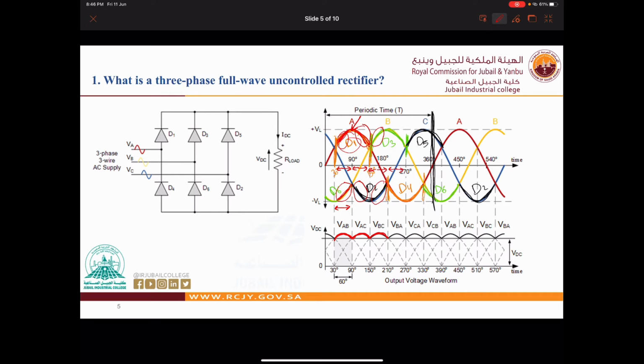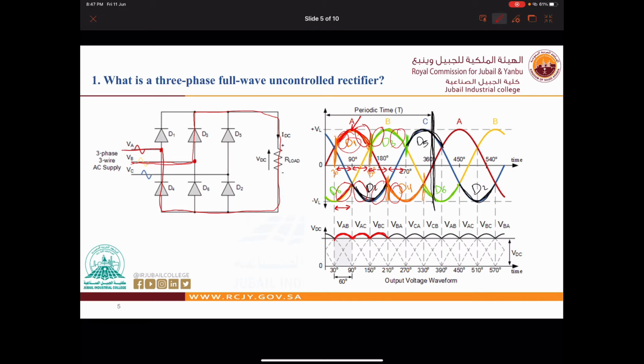Now let us see the next 60 degree, from 210 up to 270. D3 is working, and D4 is now working as the negative part. So D3 and D4. It will go from VB through the load, and come back through D4 to the supply.